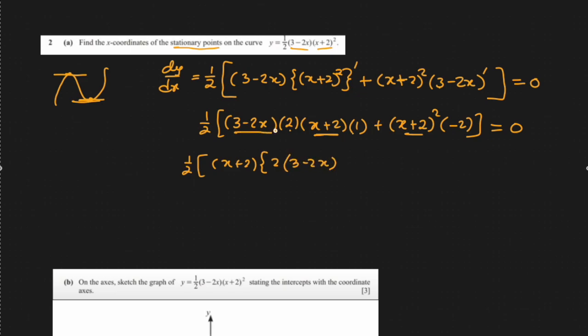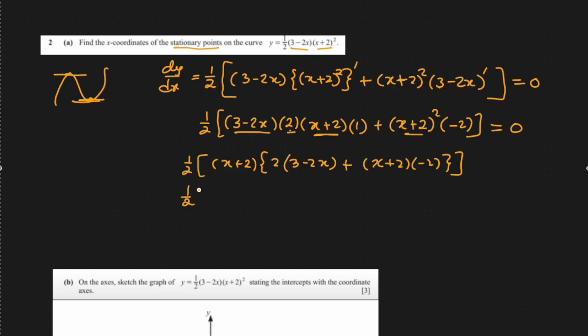So this and this I wrote inside, then plus (x plus 2) squared. So x plus 2 is already out, one of them, so the second x plus 2 will stay and minus 2 will also multiply with it. So x plus 2 and minus 2. Okay, let's simplify this curvy bracket.